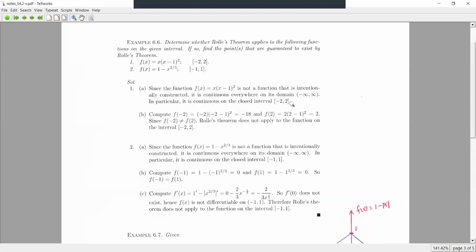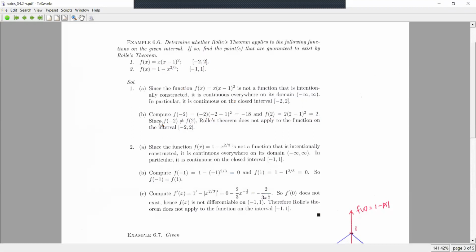Now check condition 2. The function values should be equal at the two endpoints of the given interval. I compute function value at left endpoint, -2. Plug in -2 in x, then I get the function value. It is -18. Plug in the right endpoint, 2 in x, then I get function value at 2 is 2.